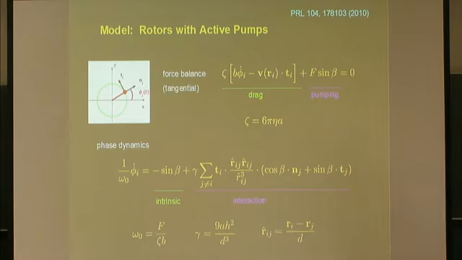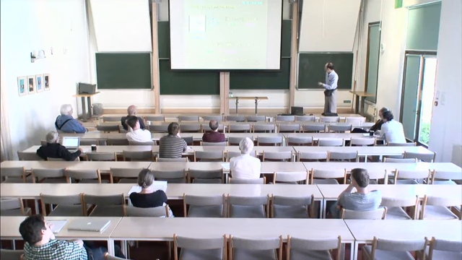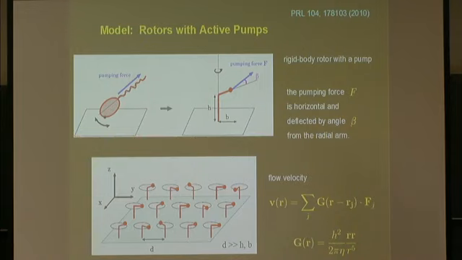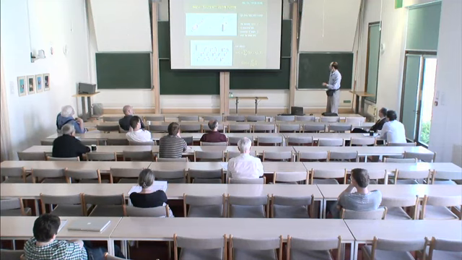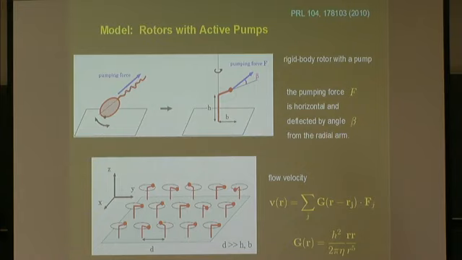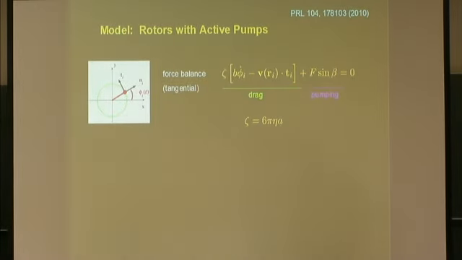Could you say a few words, go back one transparency about your pumping, the right-hand side of the upper diagram, so that the pumping force is the reaction to the fluid being sent out behind. So, sorry, the pumping force is exerted by the rotor to the fluid. Yeah. So what we have here is the reaction force. It's the reaction force from the pumping.